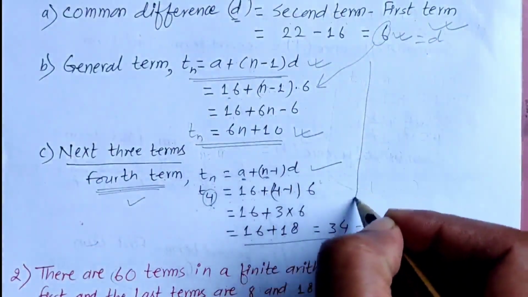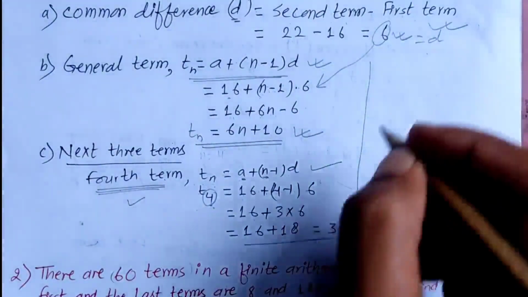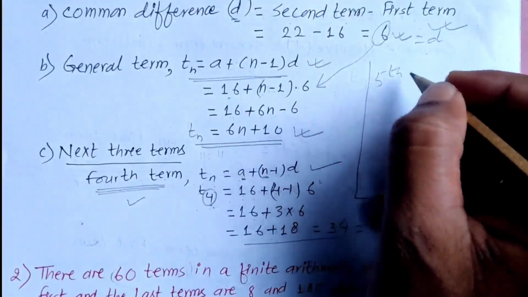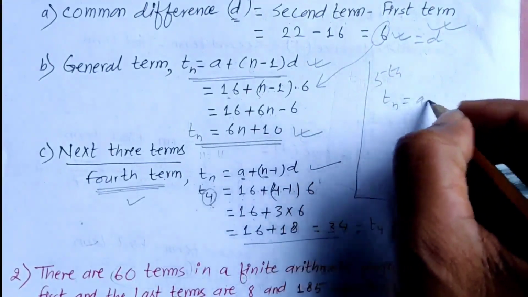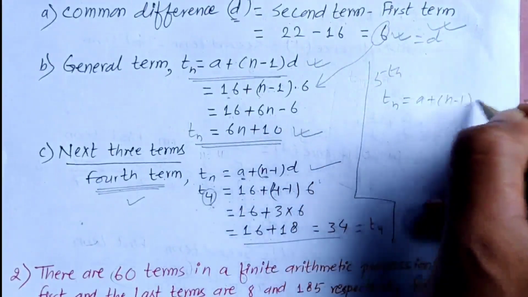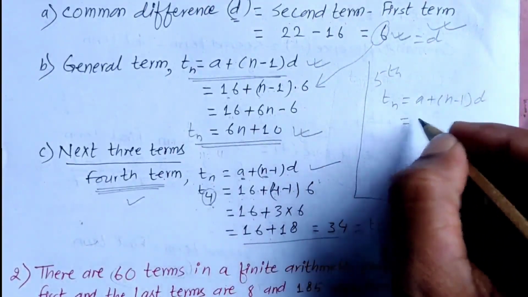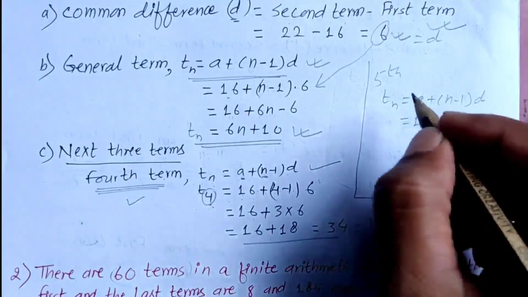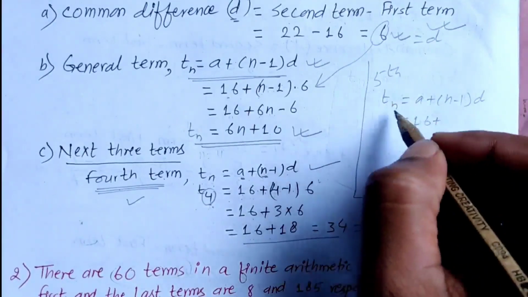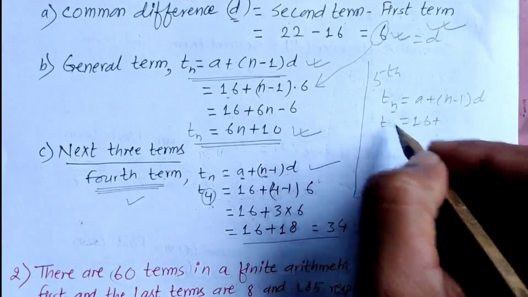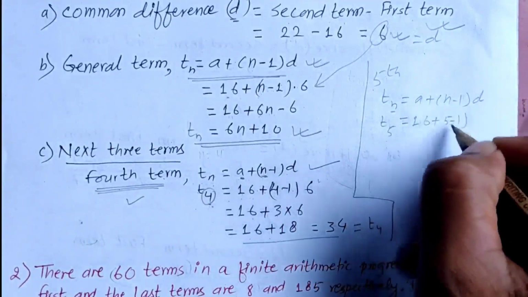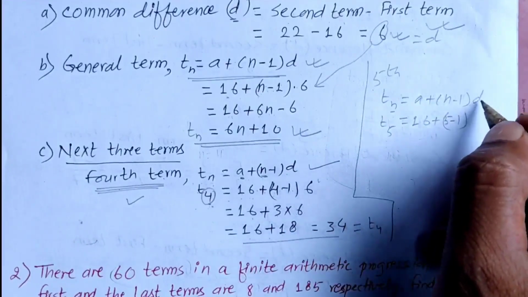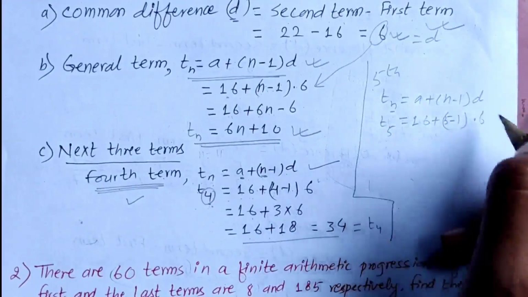Similarly, dear students, you can find the fifth term. For the fifth term, we have the formula Tn is equal to a plus n minus 1 times d. In place of a, you write 16 plus, as you are going to find the fifth term, in place of Tn you write T5. In place of n, you write 5 minus 1, as the common difference is 6.